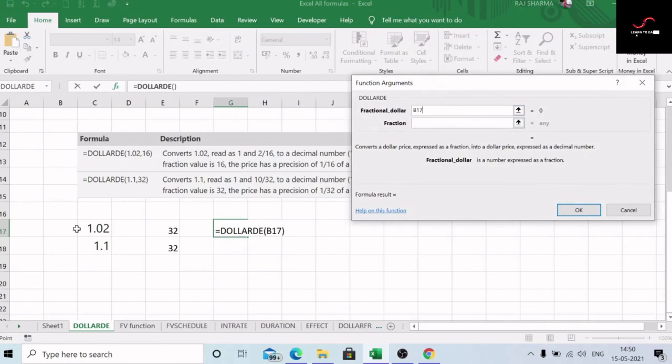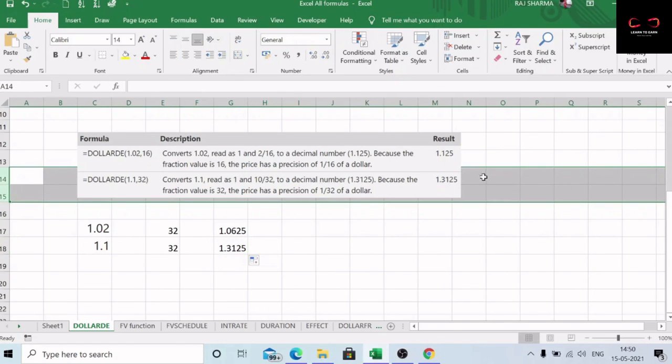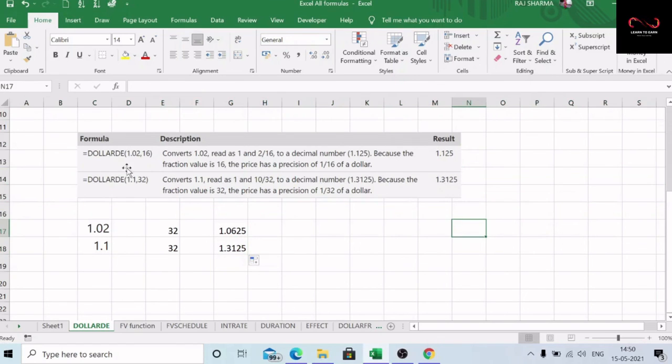The fractional dollar value is 1.02 and the fraction is expressed. You can read here: fraction is the integer to use as the denominator of the fraction. So this 32 is going to be used in the denominator. So the value is 1.0625. Similarly, the second one is 1.3125. The first one does not match the earlier example because there 16 was used and here we are using 32. If you change it to 16, you will get the same price.